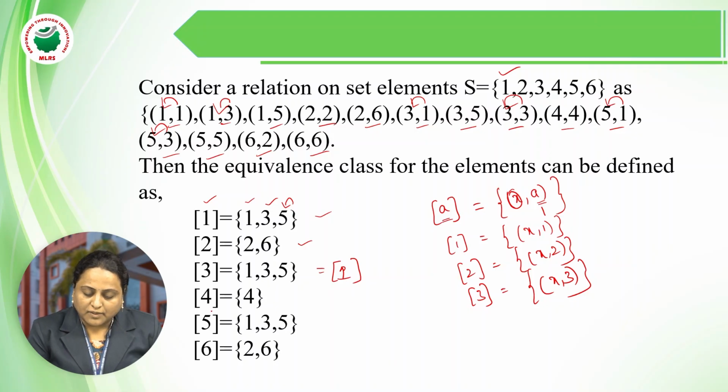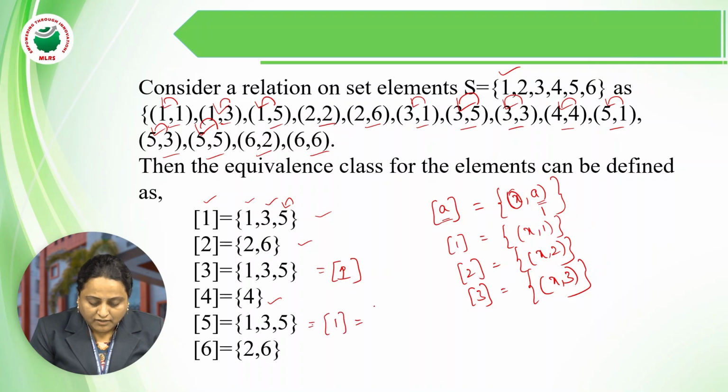And coming to the next one, that is 4. 4 is related only to itself, so we have written 4. Next, coming to 5, 5 is related by 1, by 3, and by 5. So 1, 3, 5, which is equivalent to the equivalence class of 1 as well as the equivalence class of 3.